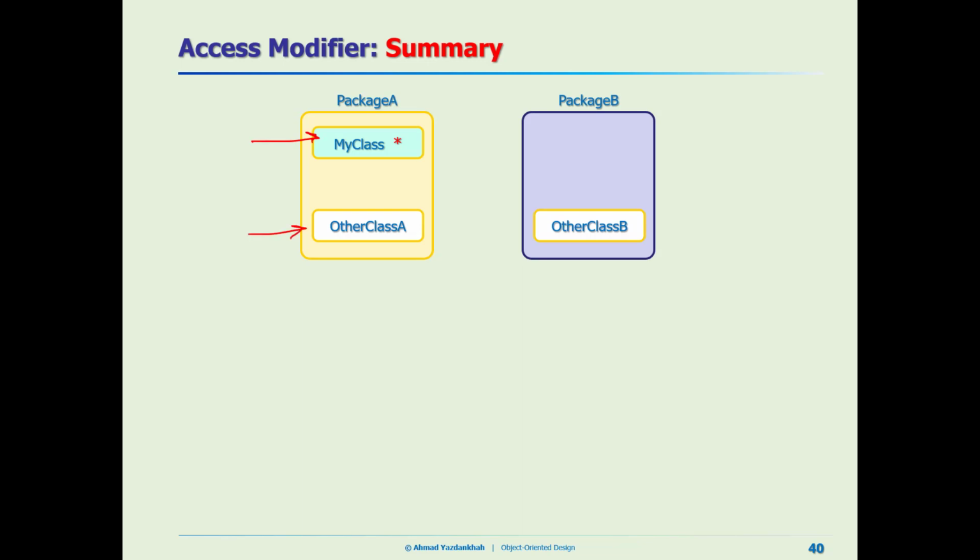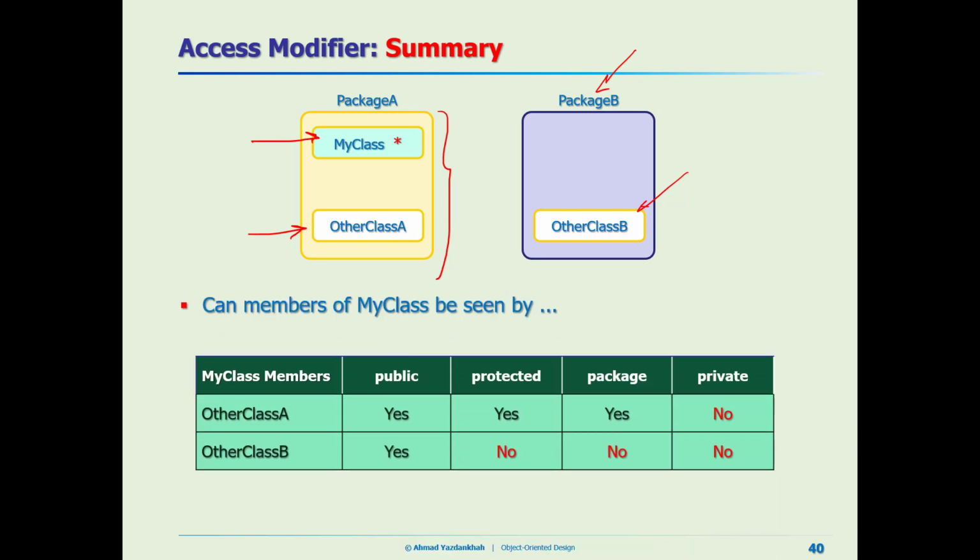This was other class in the same package, and we had another one here, other class B in the package B. And the question is how the members can be seen here. So we notice that in my class members, if it is public, everyone can see that.